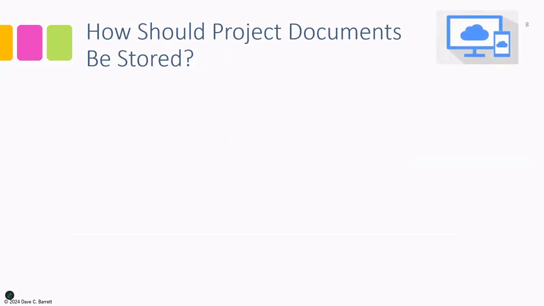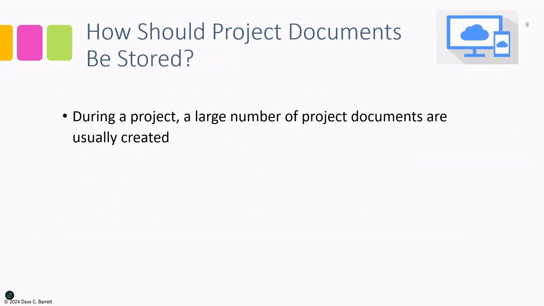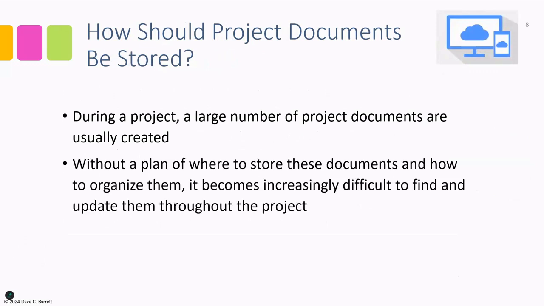Now, the next question: how should the project documents be stored? During a project, a large number of project documents are usually created. There can be dozens, hundreds of files and documents and all kinds of information, and it can quickly become a problem. Without a plan of where to store these documents and how to organize them, it becomes increasingly difficult to find and update them throughout the project.